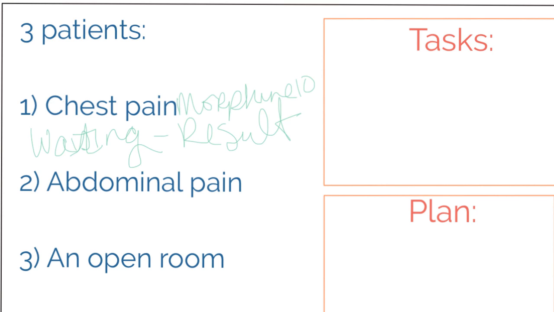So the number one task right now that I want to write down for this is reassess pain. And the nurse tells us that the patient's pain was an 8 out of 10. So we need to reassess that pain in 20 minutes, and we need to check for results. Watch for blood work results, and also the chest x-ray.